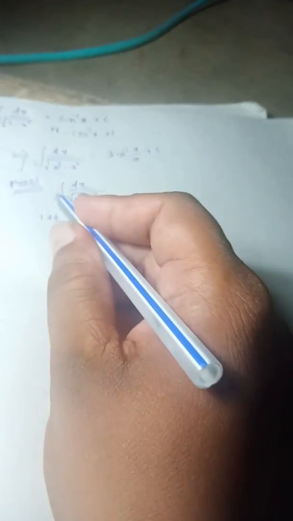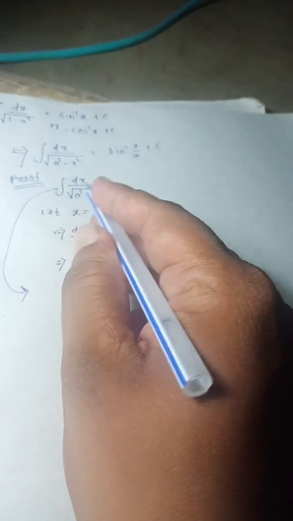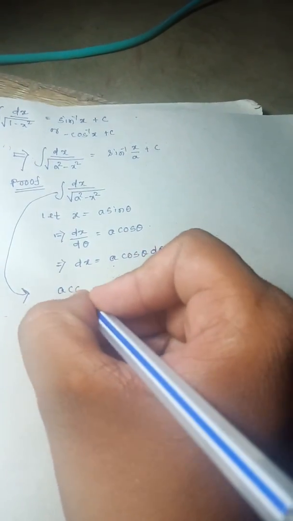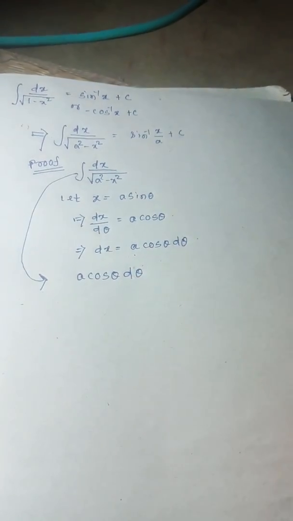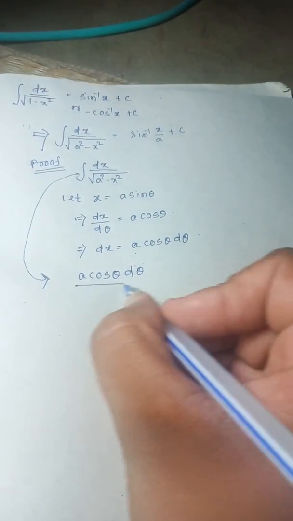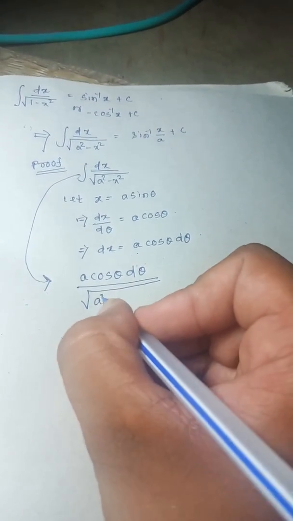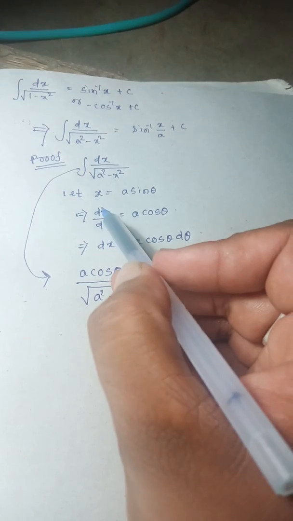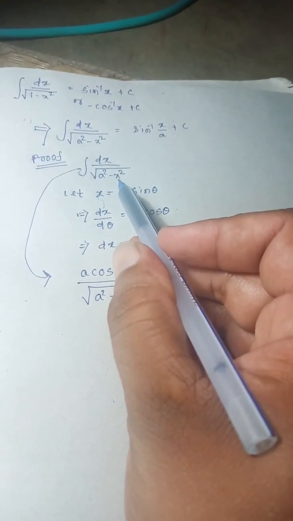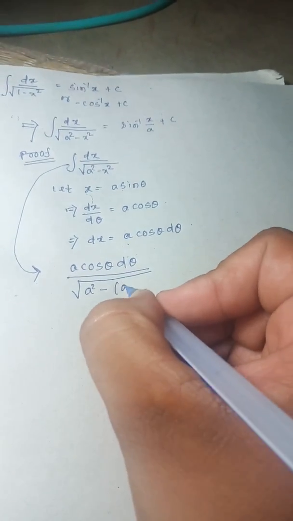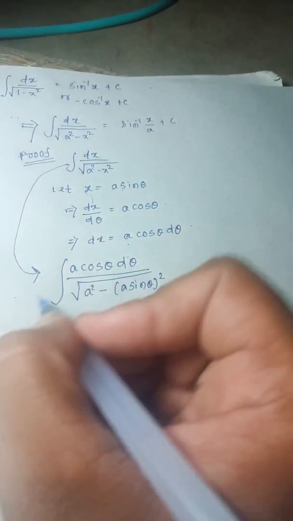So now my question will become: in the place of dx I can write a cos theta into d theta, divided by root over of a square minus, as I have taken x is equal to a sin theta, in the place of x square I can put a sin theta whole square, integration.